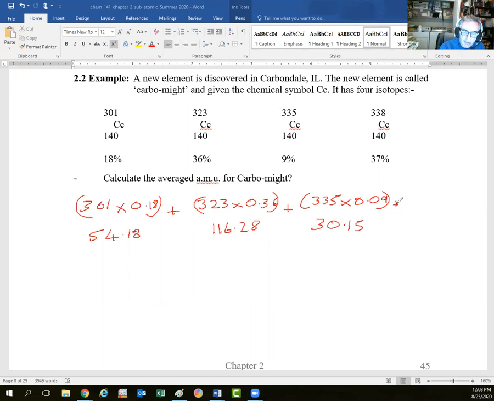And finally, if I can squeeze it in, 37% of the 338. And that comes to 125.06. So our grand total will be 325.67.